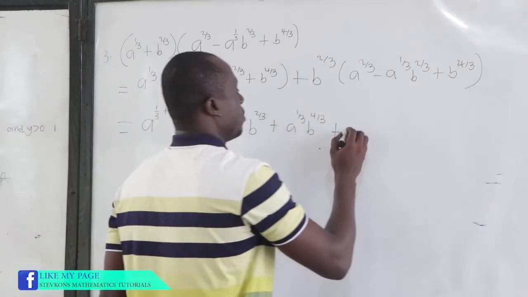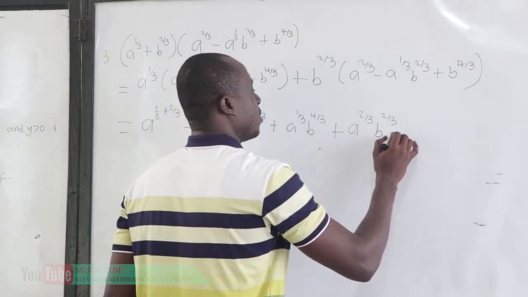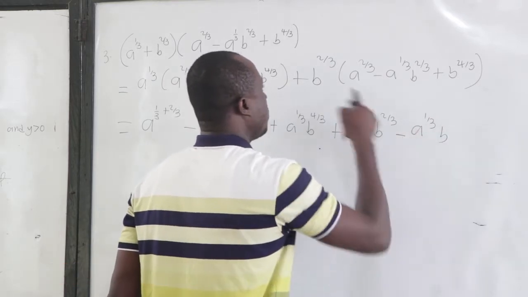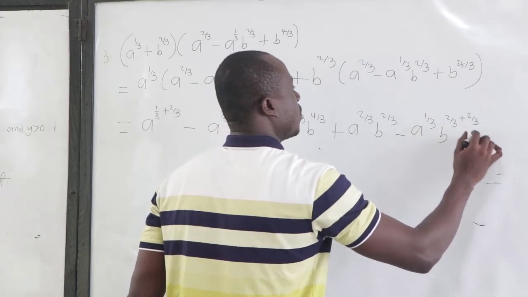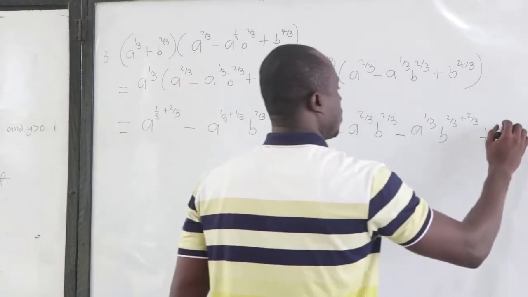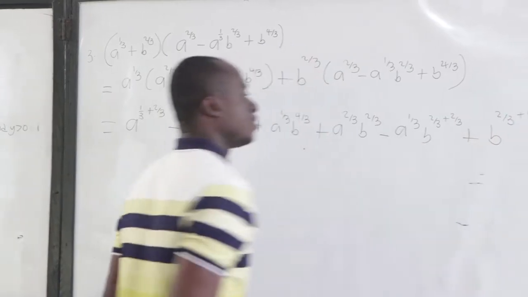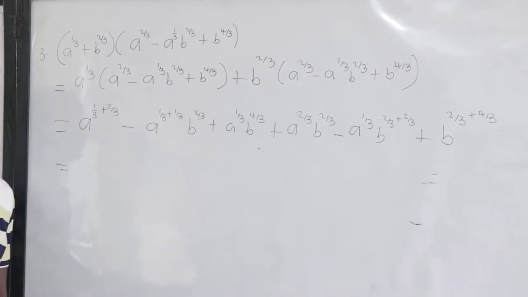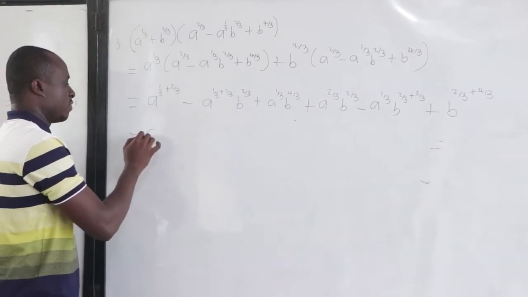Now A to the power 2 over 3, B to the power 2 over 3. And this time B to the power 2 over 3 plus 2 over 3, and then B to the power 2 over 3 plus 4 over 3. Now 1 over 3 plus 2 over 3 is just 3 over 3, which gives us 1, so we have A.